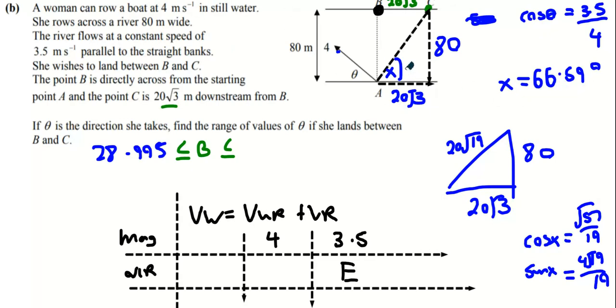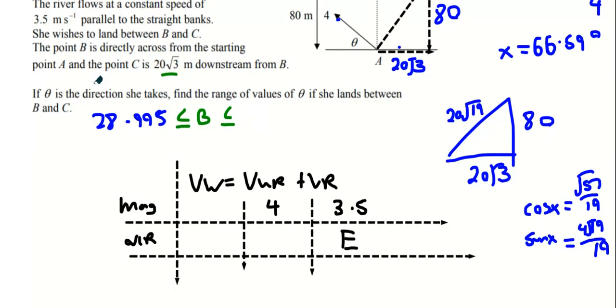Now, what do we know about this? Well, we know that the woman goes east x degrees north. Now, please remember, x isn't a variable.